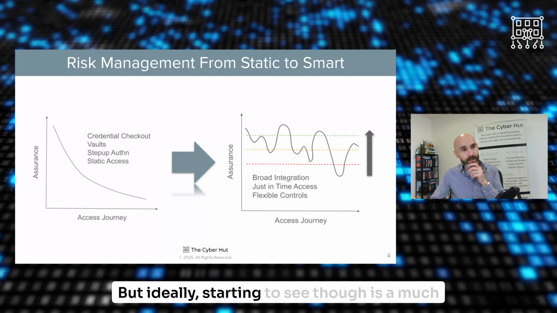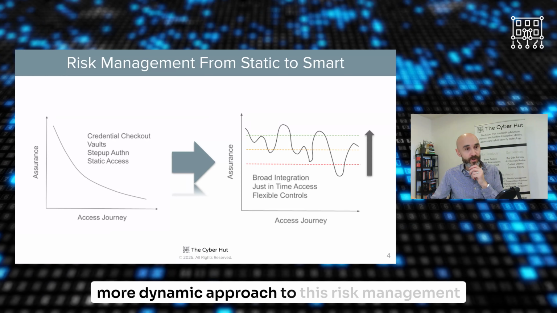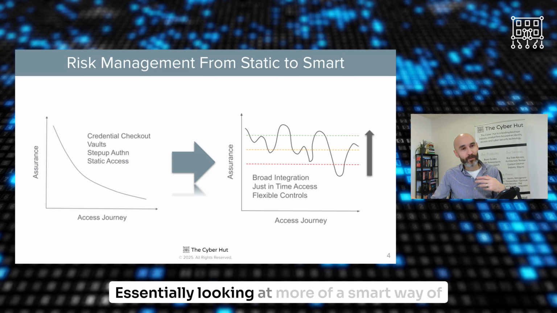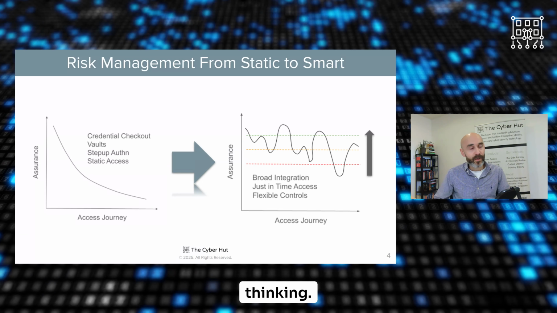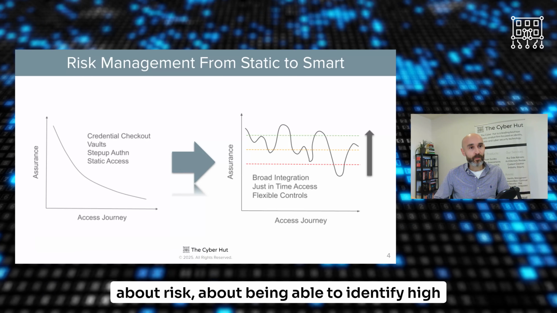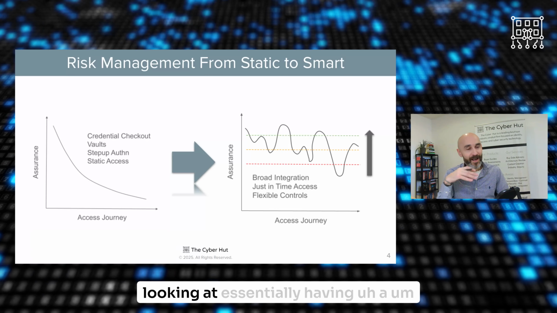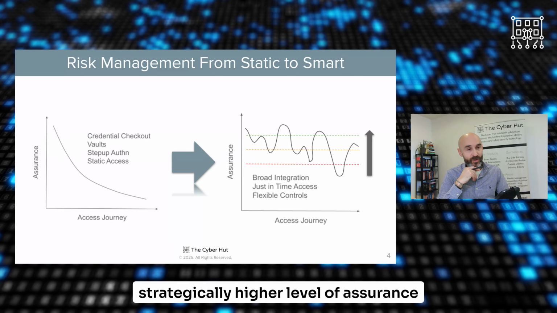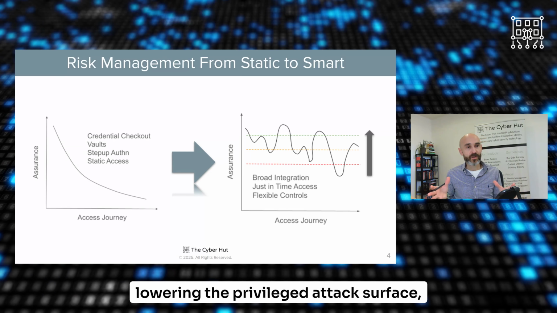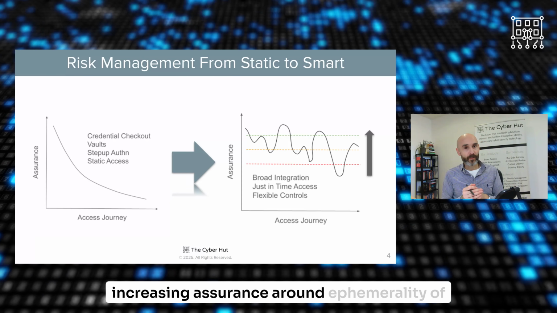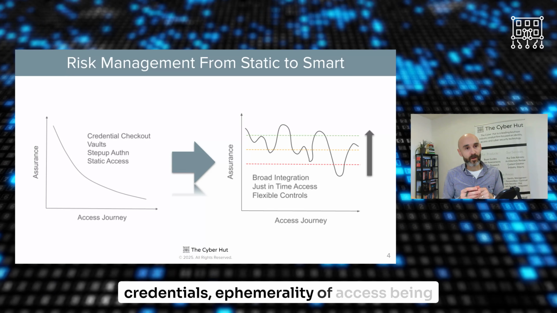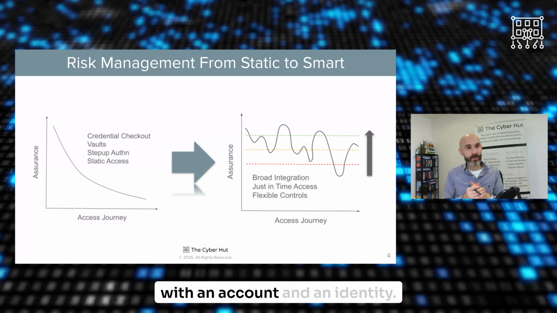What ideally we're starting to see, though, is a much more dynamic approach to this risk management journey, essentially looking at more of a smart way of thinking about risk, about being able to identify high risk, and in turn being able to respond, make changes, and adjust the risk response there. So the diagram on the right ultimately is looking at having a strategically higher level of assurance, lowering the privileged attack surface, increasing assurance around ephemerality of credentials, ephemerality of access being associated with an account and an identity.